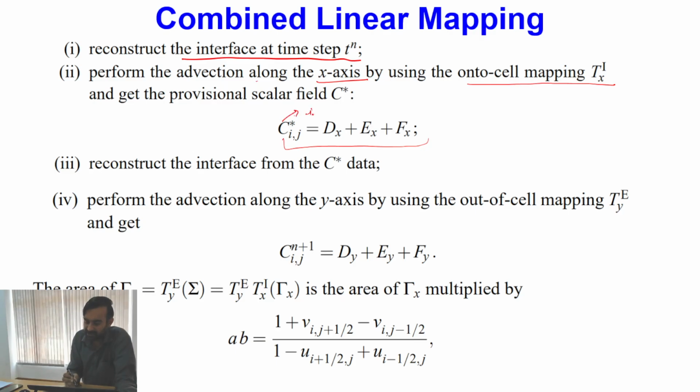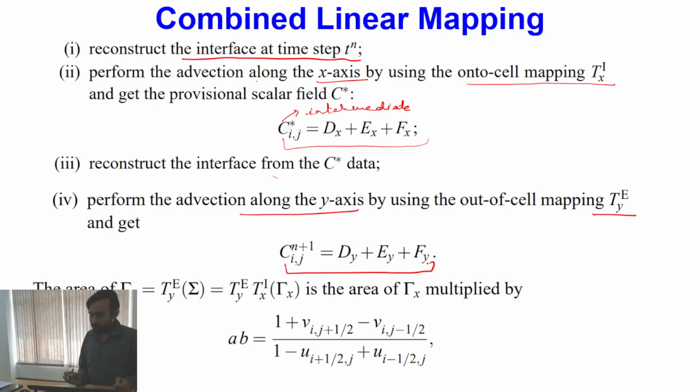This will be considered as intermediate value of volume fraction. Now on this intermediate value, we will be again reconstructing the interface, and after this reconstruction, then we will be performing transformation in y direction using the explicit mapping, and corresponding to that, whatever volume fraction I will be getting, that will be my new volume fraction.